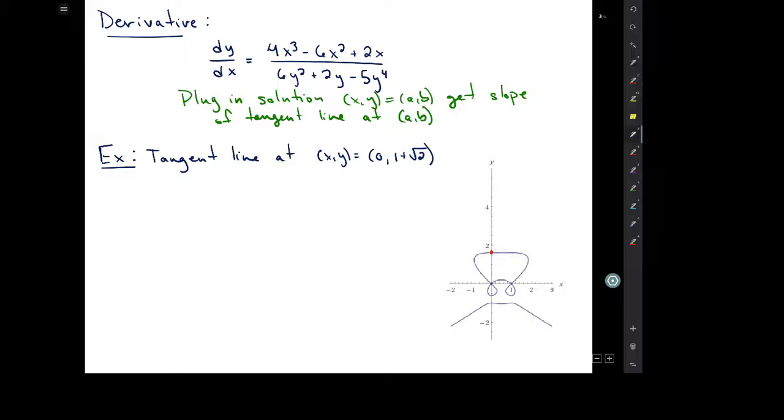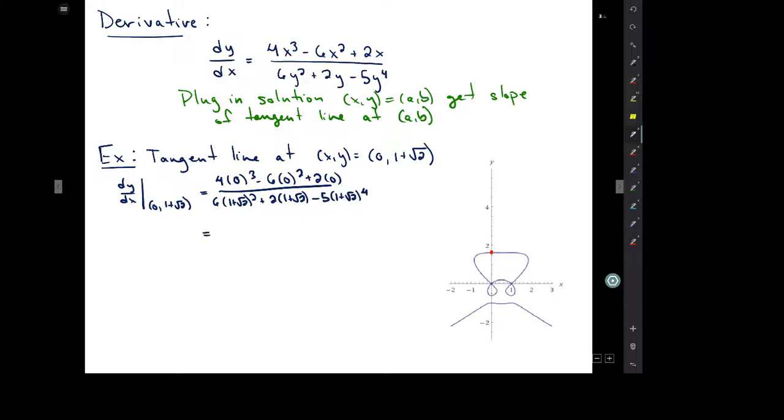So using this point, when we take our derivative dy/dx and we evaluate it at this point (0, 1 plus root 2). So again, this vertical bar is how we denote evaluation in Leibniz notation. We have 4 times our x-coordinate 0 cubed minus 6 times 0 squared plus 2 times 0 divided by 6 times our y-coordinate squared plus 2 times the y-coordinate minus 5 times the y-coordinate to the 4th.